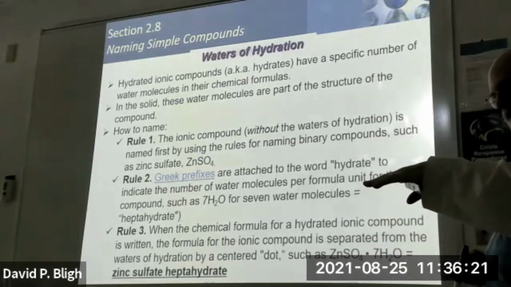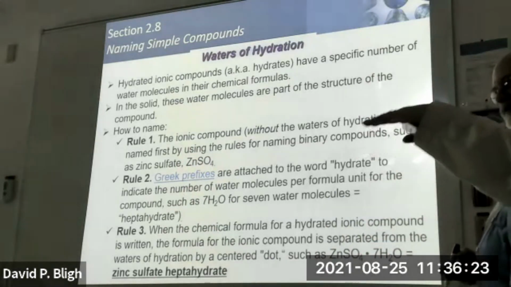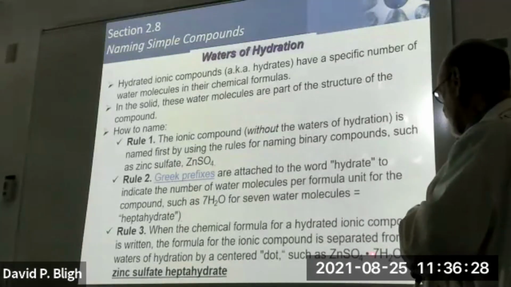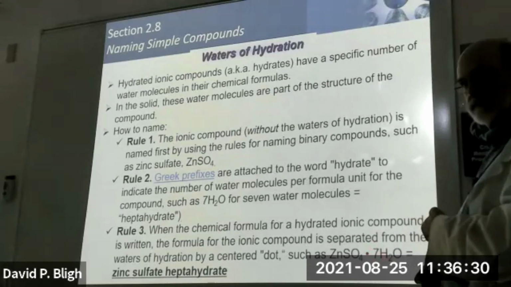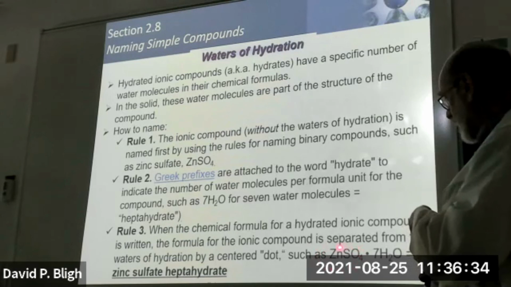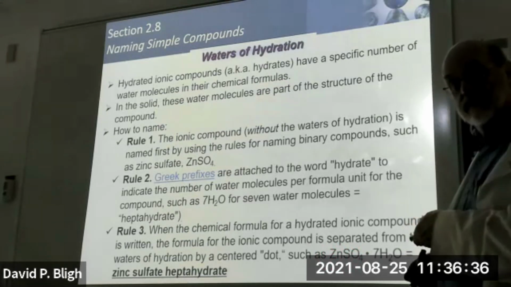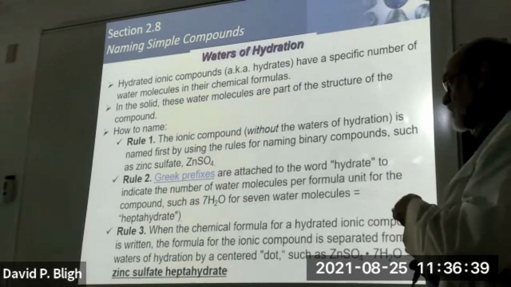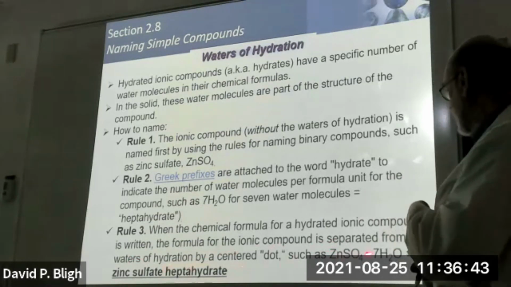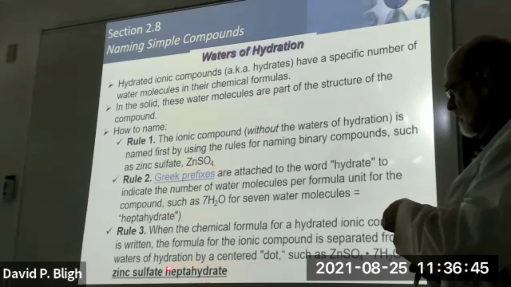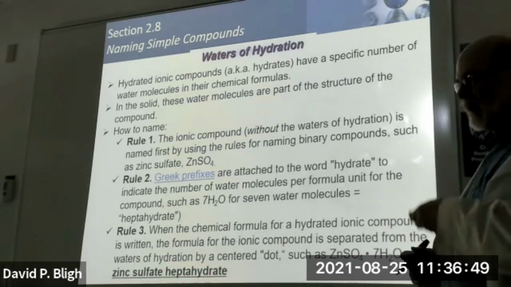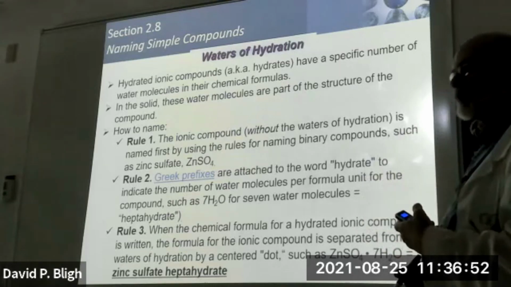It's not a period, it's elevated to the center of the line. And these are called waters of hydration. And you name them first by naming this part of the molecule, zinc sulfate, right? Because zinc is a fixed charge, 2+ charge. Zinc sulfate, and then you name how many waters there are. Heptahydrate. That's how you would name a compound with waters of hydration.